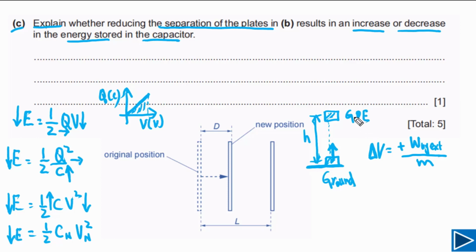So the change in GPE is positive, or simply, if the work done by the external agent is positive, GPE increases. In this case, we have to apply a force upward to lift this mass. So the work done by this force, which is applied by the external agent.